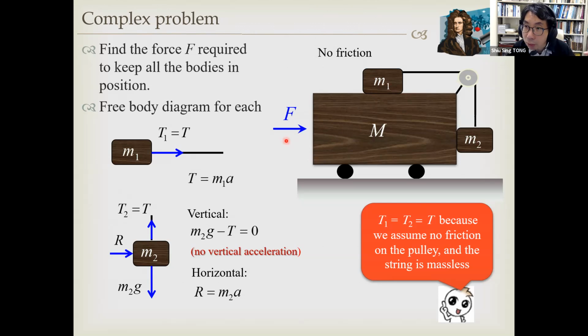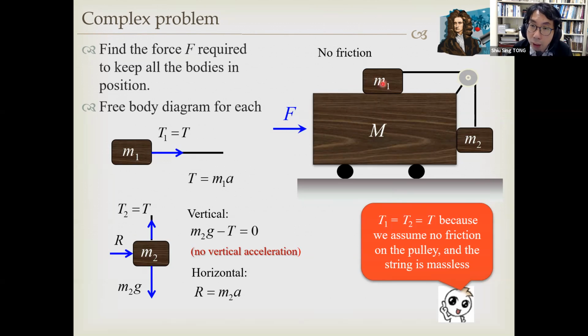So I want to find what F is such that M2 will not fall down and M1 will not be pulled forward relative to the trolley. There's only one force that allows me to satisfy this condition, so I'm going to find that force. Do you understand the question?